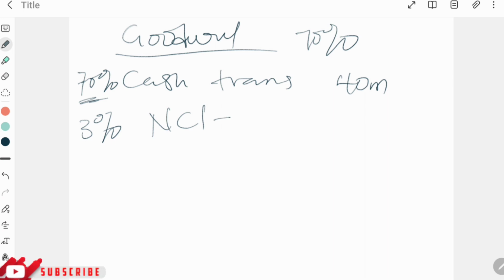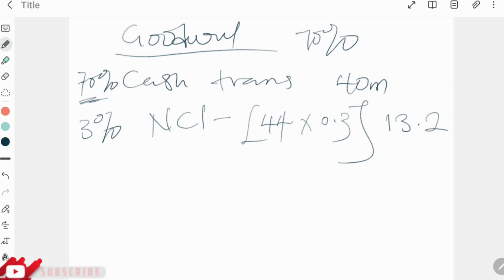Non-controlling interest can be measured at proportionate net assets or at fair value. For this tutorial, let's assume that the net asset is 44 million. So we take 30% of that. Let's find out what that is. 44 times 0.3 will give you 13.2.